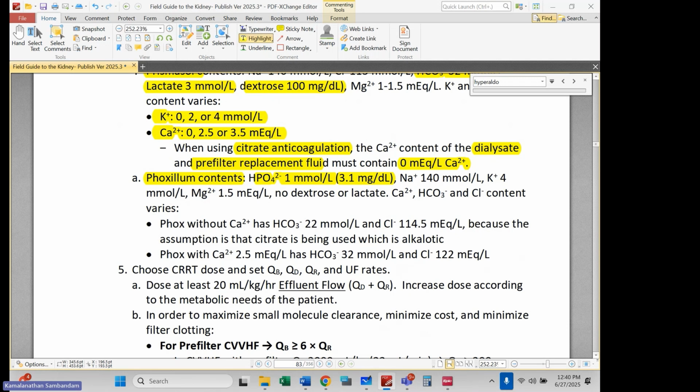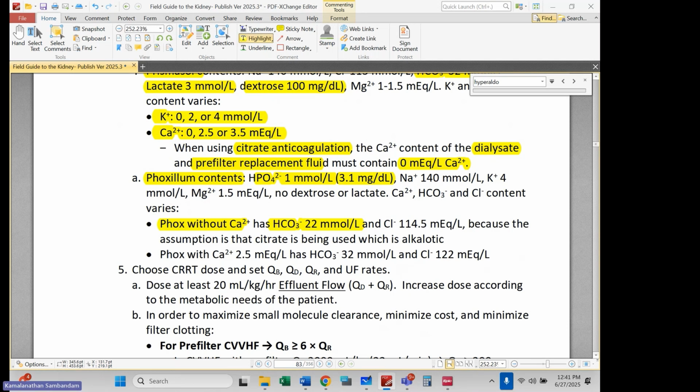Notice that the bicarbonate content of Phoxillum is actually lower than Prismasol. The presumption is when you're running 0 calcium Phoxillum, you're also giving citrate.